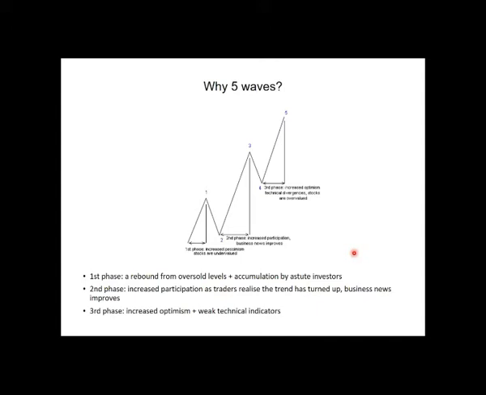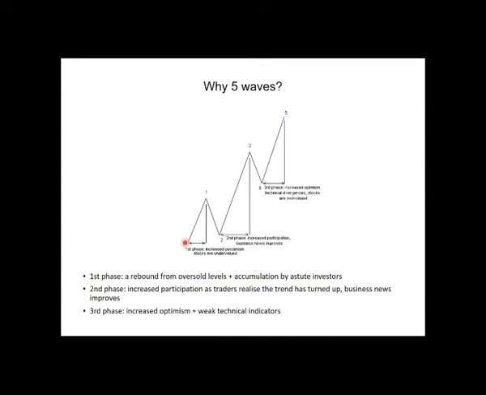Why do we have 5 waves? Okay, this is something to do with psychology, the way people react in the market. If you recall what I said before, prior to that 5-wave sequence, you get a decline. So the market is going down, down, down until it gets to the bottom of that wave 1.